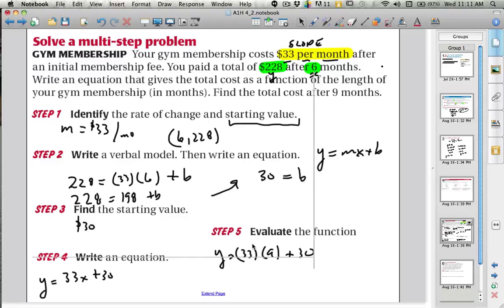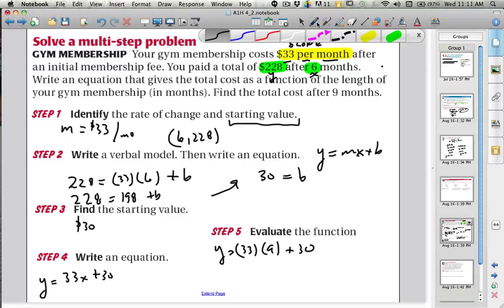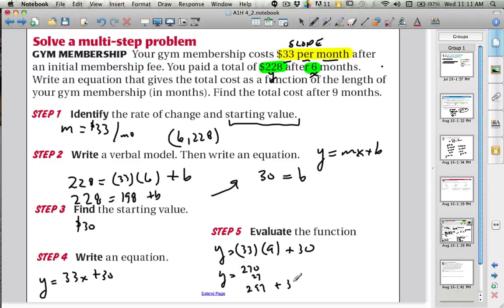Let's go ahead and move this up so I have a little extra room. 33 times 9: 3 times 9 is 27, so that's 270 plus 27, that's 297, plus 30. So y will be equal to $327.